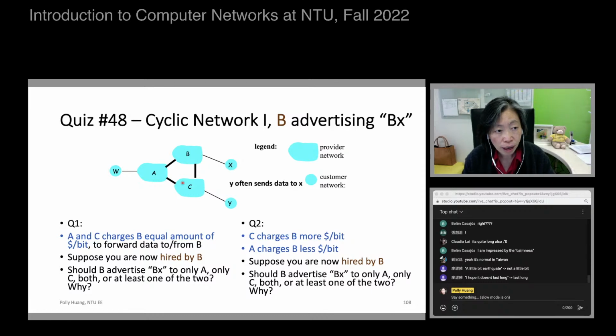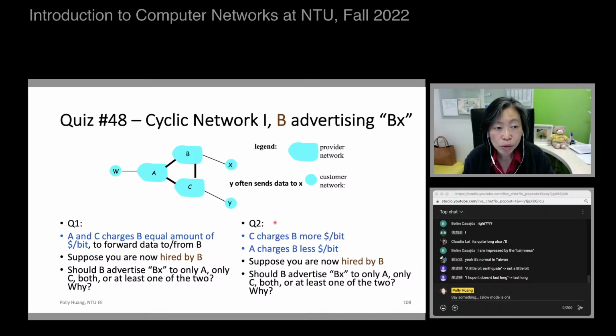So A and C charge B some money so that B can forward his customers' traffic to A or C. Suppose you are now hired by B. You are joining this new and young ISP. Suppose B advertised BX and you are the network admin. Should you advertise BX to A, to C, to both of them, or to either one of them?